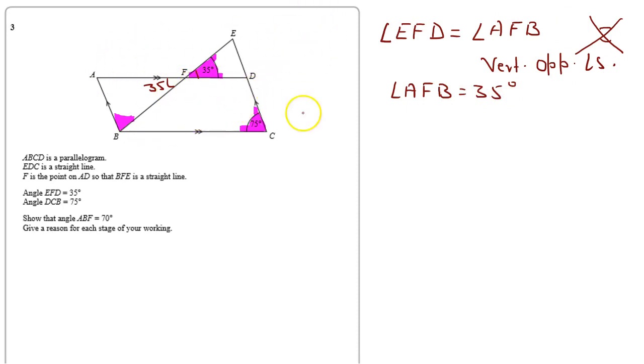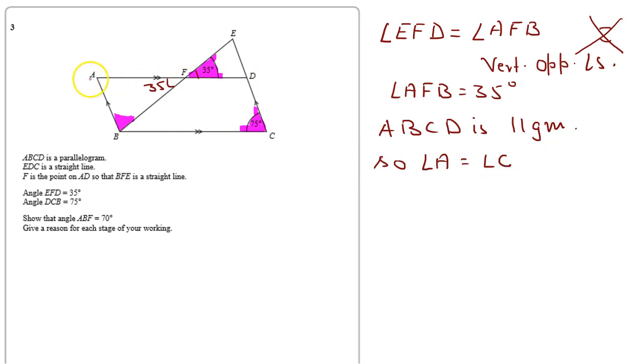That is the first thing. Now the second thing: ABCD is a parallelogram, so angle A is equal to angle C. These angles are equal, so this is 75, because in a parallelogram opposite angles are equal.